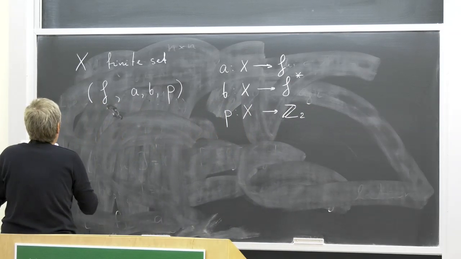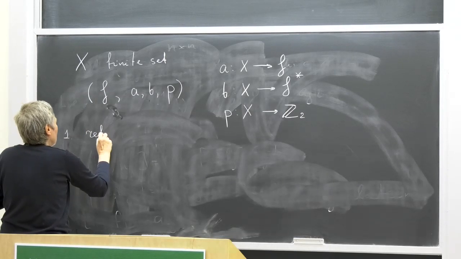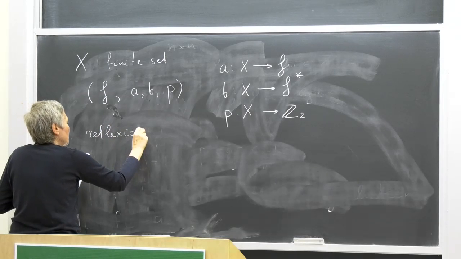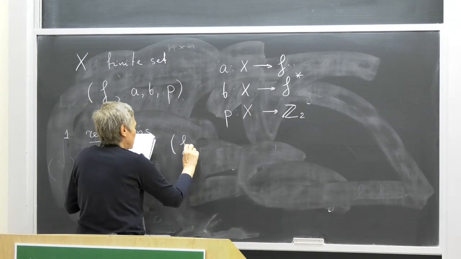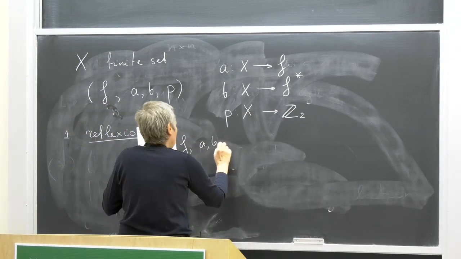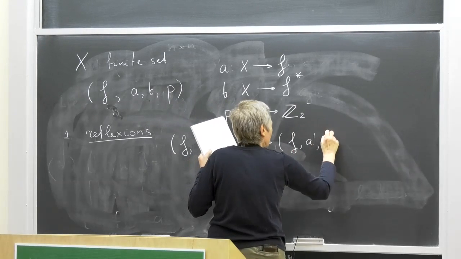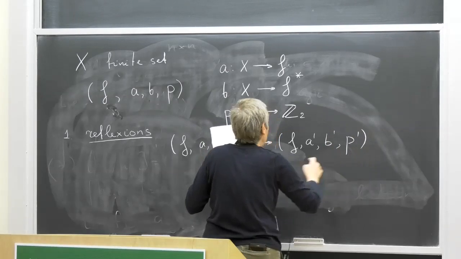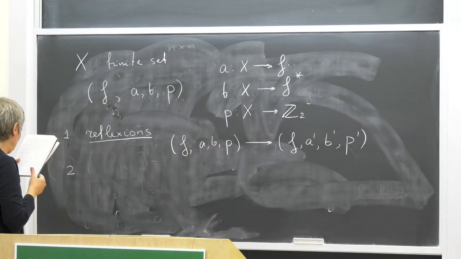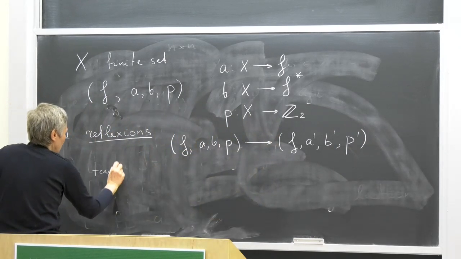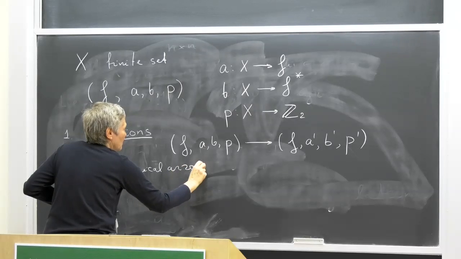So, arrows. There are three types of arrows. Reflections, and I'm going to talk about them a little bit later. Reflections do not change H, but do change all the other characteristics. Since it's the most important thing, I'm going to give the definition of reflection after I formulate all three arrows. The second arrows are so-called tautological arrows.